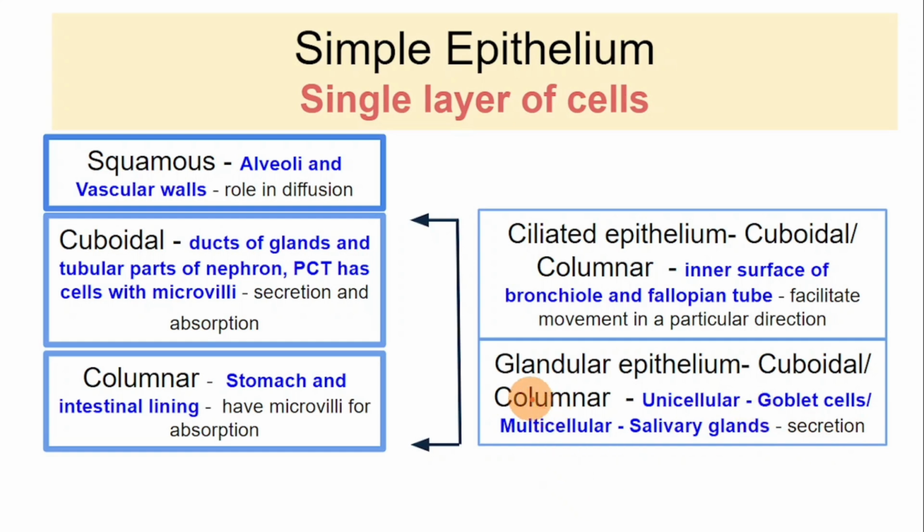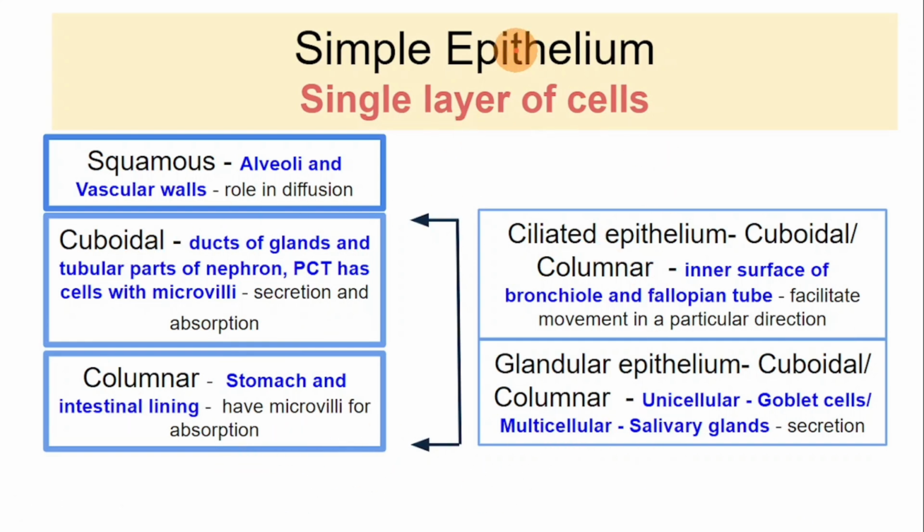Then multicellular glandular epithelium, the example is salivary glands. So epithelium provides the covering, okay, and they can also play important role in diffusion, secretion, absorption, and facilitating movement in particular direction. So all these examples are important.